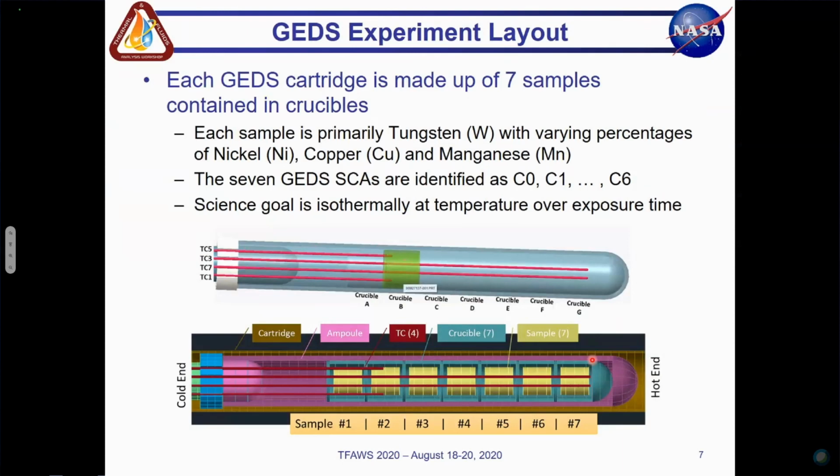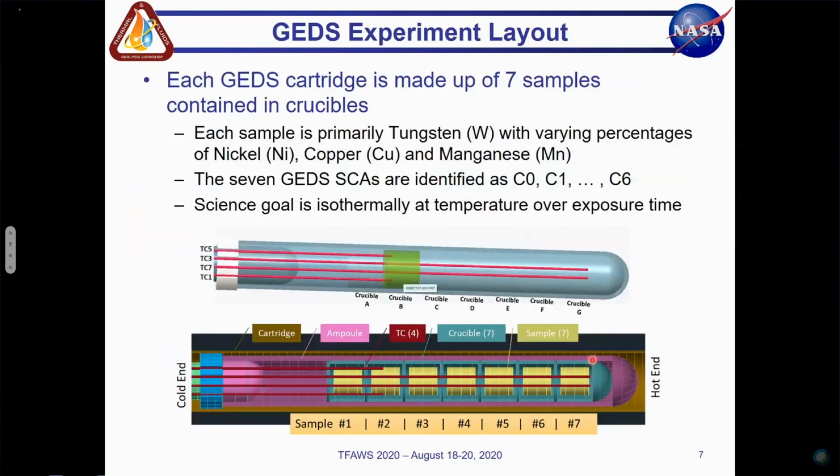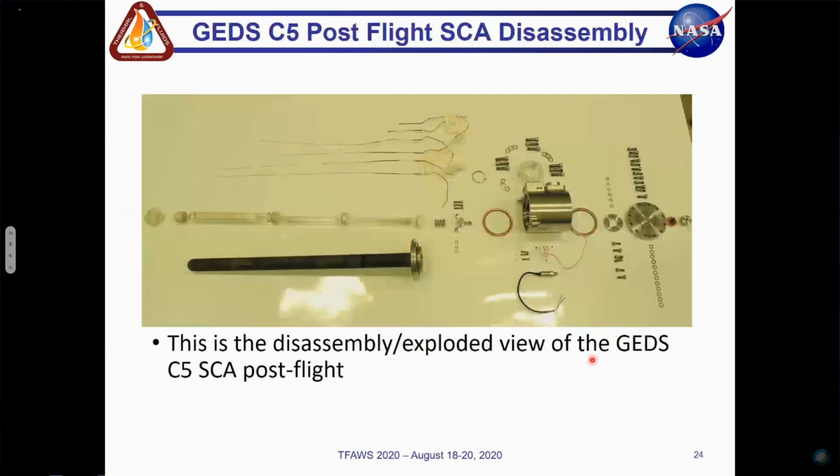There is a gap between the cartridge wall itself and the ampule where the thermocouple is placed. I don't believe we have one in the backup charts. This is an actual disassembly of the GEDS cartridge, so you can see all the thermocouples up here. These alumina spacers all have notches cut in them, and the thermocouples rest in those notches.